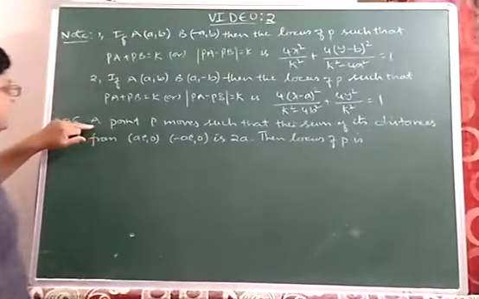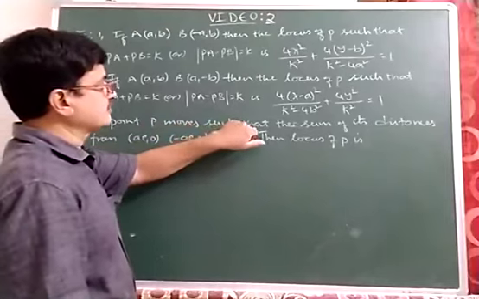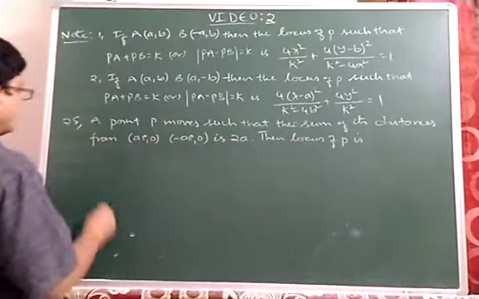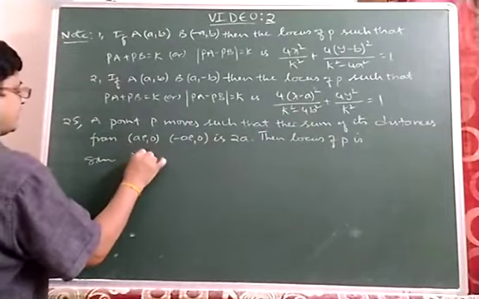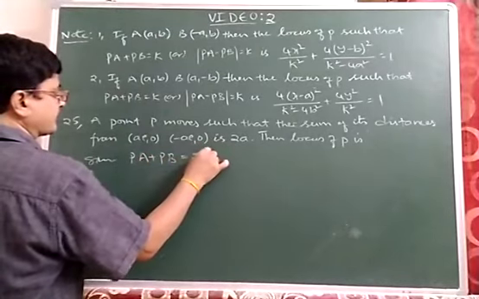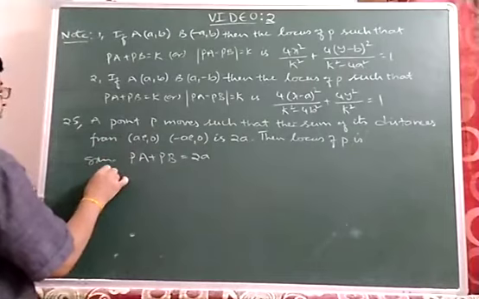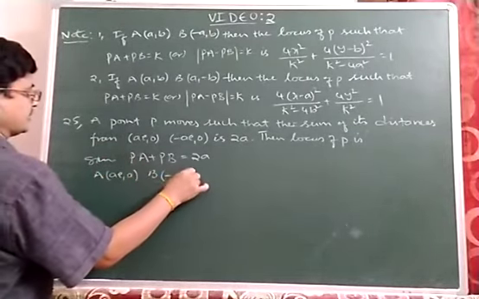In problem number 25, a point moves such that the sum of its distances from A and B, that means the given sum of the distances PA + PB, is 2a. We observe A is (ae, 0) and B is (−ae, 0).